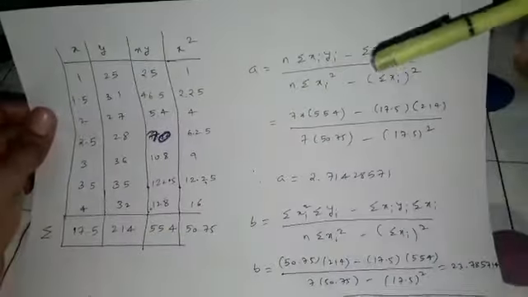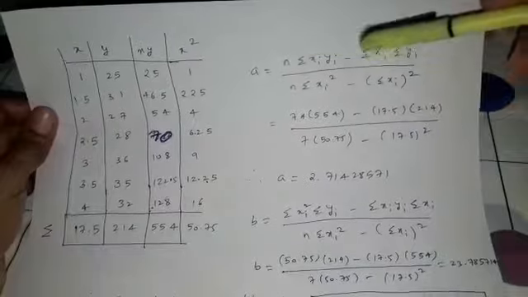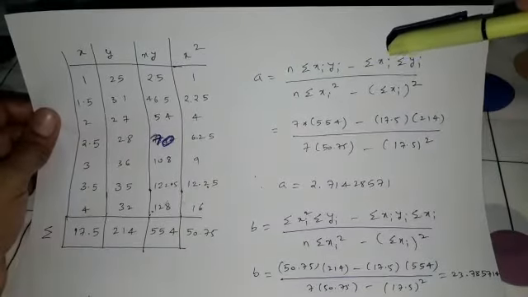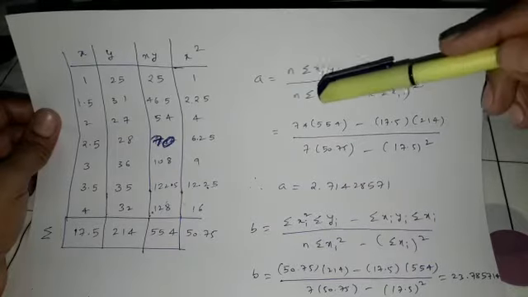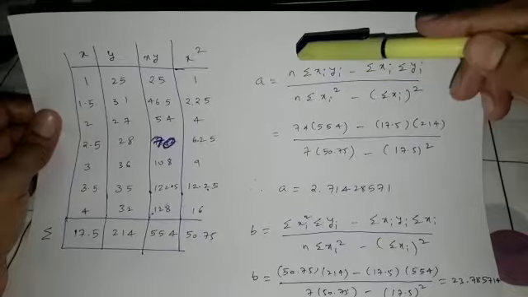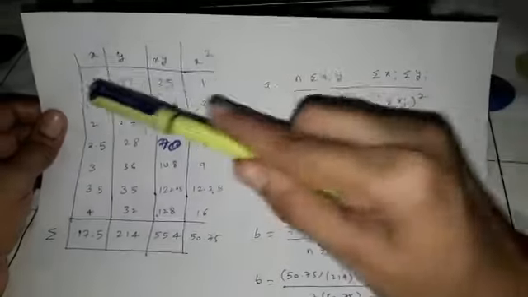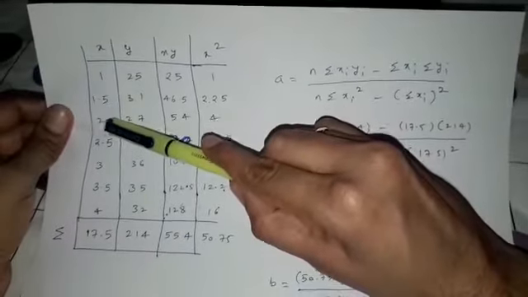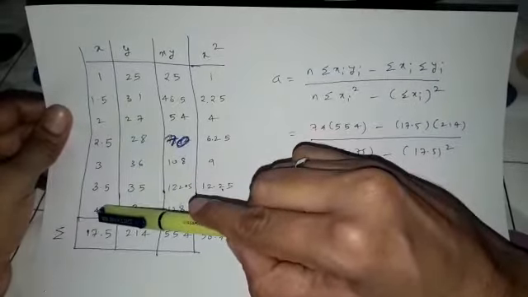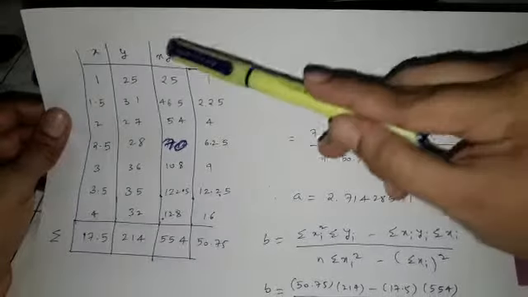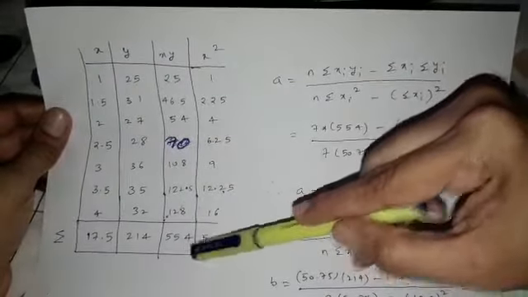To find the value of a, the formula is n times sigma xi yi minus sigma xi times sigma yi, over n sigma xi square minus sigma xi the whole square. N is the number of experimental data points. Here the number of data points are 1, 2, 3, 4, 5, 6, 7. Total 7 data points, so n will become 7. Sigma xi yi is 554.